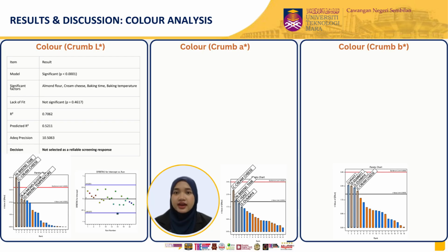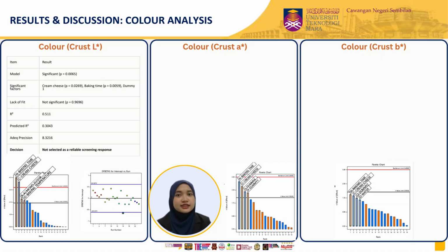For crumb color, the L response was excluded because one or more experimental runs exceeded the recommended DFBETAS limit, indicating excessive influence on the regression model. Meanwhile, both A and B responses were excluded due to the significant dummy variables indicating insufficient model adequacy. Similarly, the crust L response was excluded because the DFBETAS plot exceeded the recommended limit, suggesting that the model was influenced by a small number of observations.